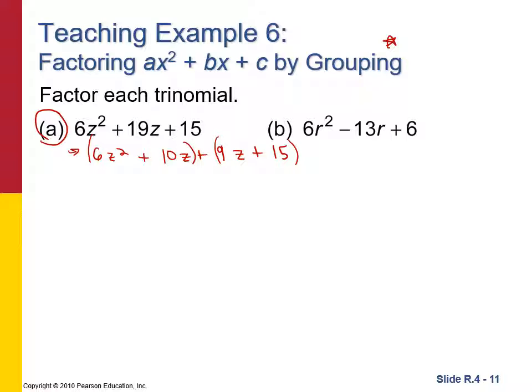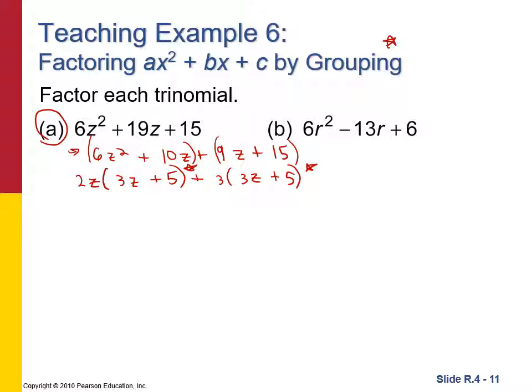Let's pull out a z and a 2 here, and that leaves us with 3z plus 5. And then again here, let's pull out a 3, and that again leaves us with 3z plus 5. And notice again that these are the same.